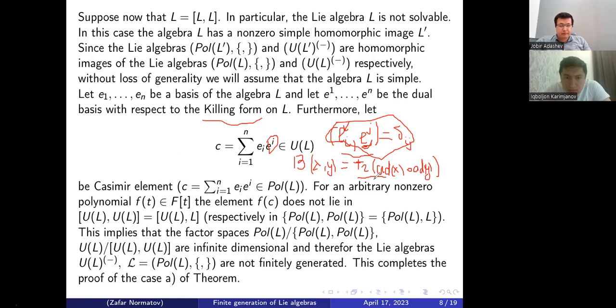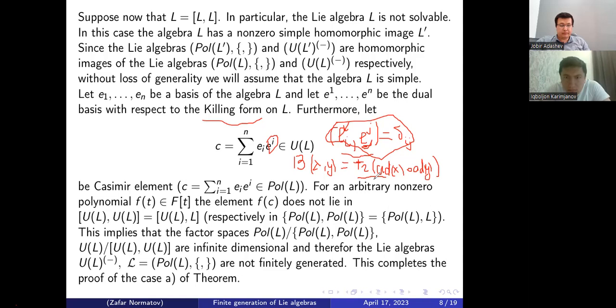Okay, Zafar, what do you think about this moment? What is a dual basis? So you mean the dual basis is not the basis of the dual space?